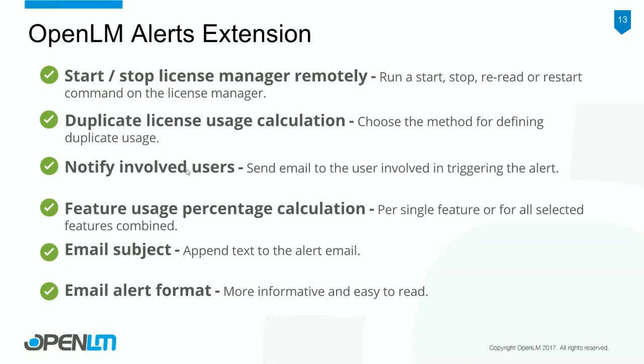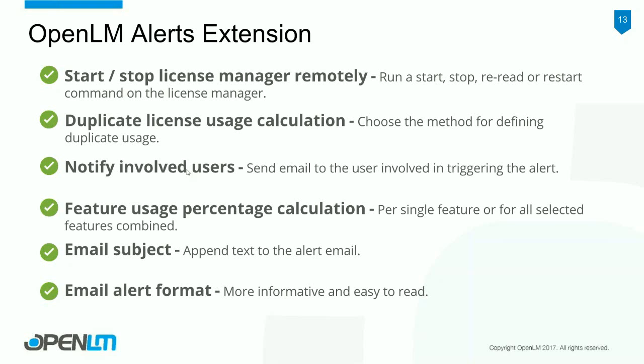Also, we've added notifications to the involved user. Let's say that you have a user that's using a license for more than 12 hours and you want to get notified, but you also want the user to get notified. Before, it was not possible to do such a thing. Now, the user himself will get notified about the condition that was passed.